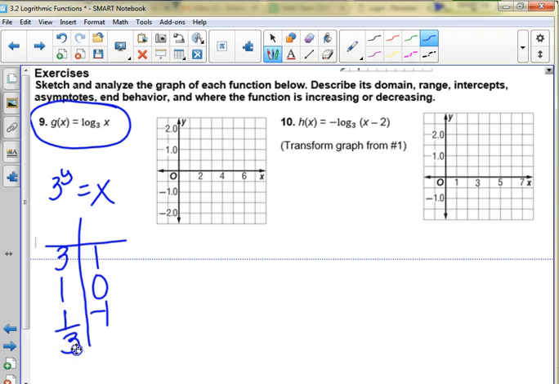3 ordered pairs is what you have to have for the quiz. So 3, 1, 1, 0. I'm doing my best to make these land where they're supposed to. Negative 1, 1/3. That's not right. What did I do?